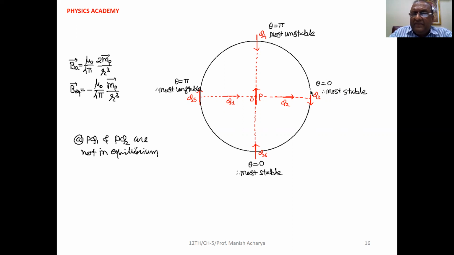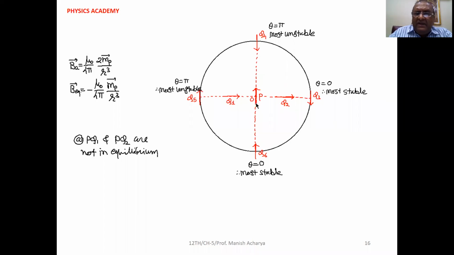When the magnetic needle Q is in position Q3, it is on the equator of P, so the magnetic field of P is vertically downward, and Q3 is also downward. It implies that the angle between the magnetic field of P and the magnetic moment of Q is 0. Therefore, we can say it is the most stable position.